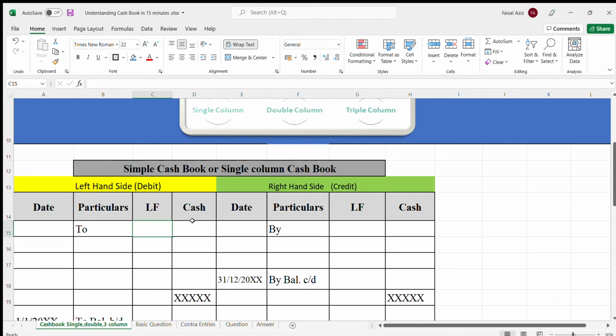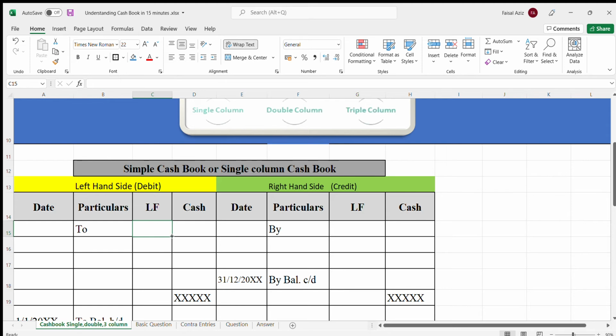It has only a single cash column on both the debit and credit sides. It does not record transactions which involve banks or discounts. The transactions which are done on credit are not recorded while preparing the single column cash book.